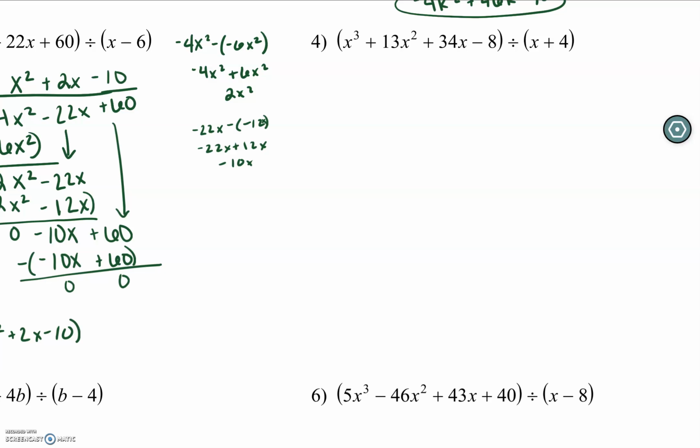All right, number 4. X cubed plus 13x squared plus 34x minus 8 divided by x plus 4. So we're going to divide by x plus 4.